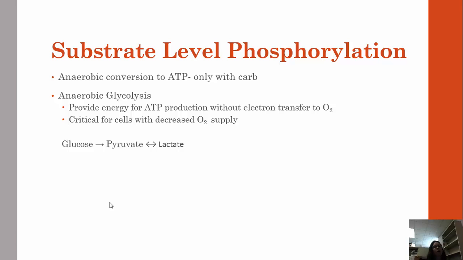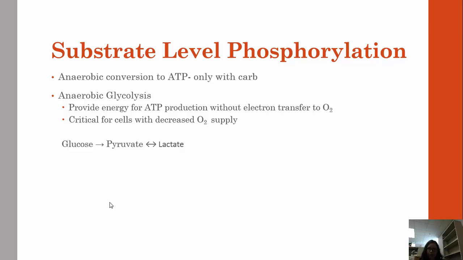Okay, so let's go back to the first method of ATP creation, substrate level phosphorylation. We're not going to spend a whole lot of time on this, but basically there's a couple of different reactions of this type that are important. So the first is the anaerobic conversion of ATP. So this can only happen with the fuel of carbohydrates.